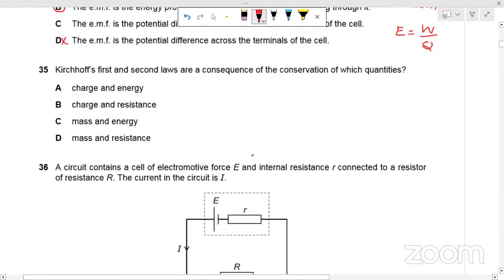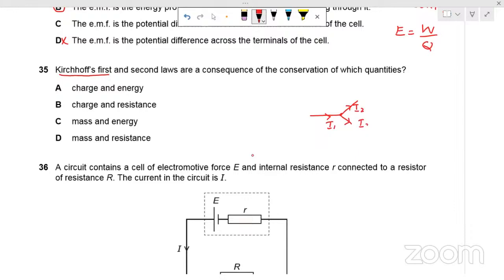35. Kirchhoff's first and second laws are a consequence of conservation of which quantity? Very simple. What is the first law? At any point, the sum of current entering a point is equal to the sum of current leaving that point.